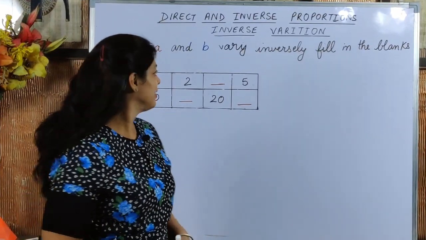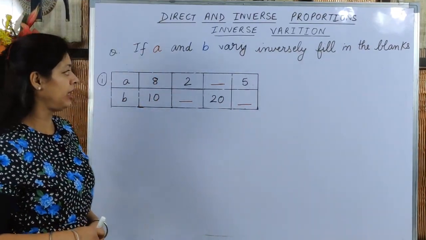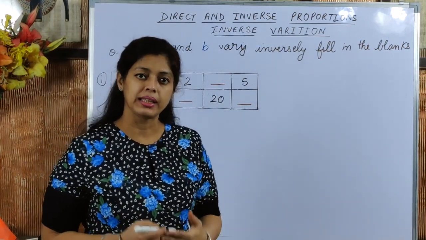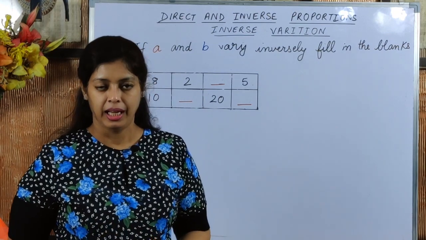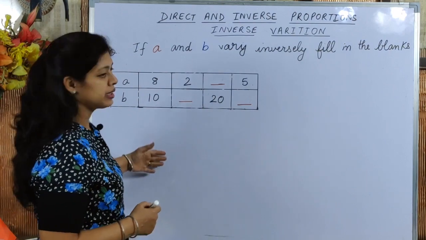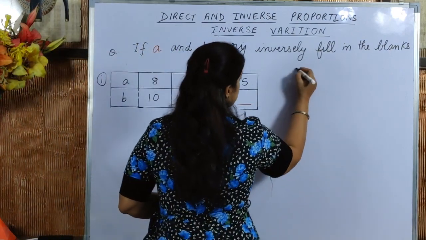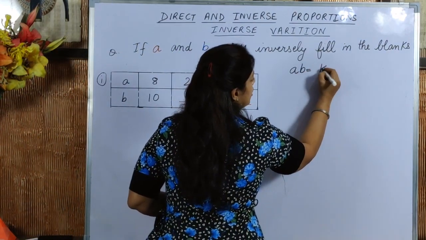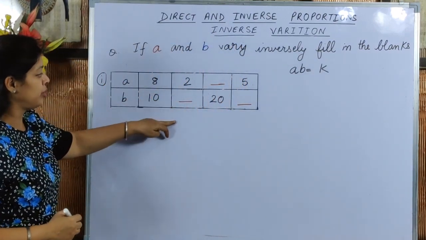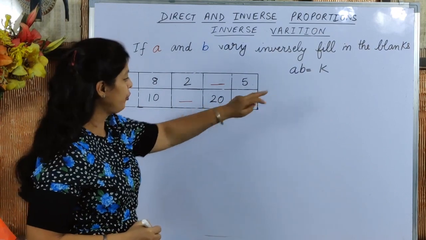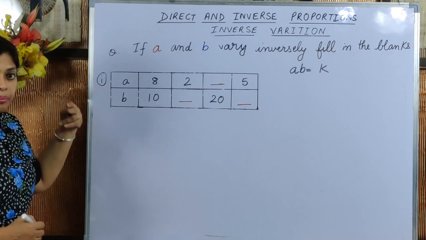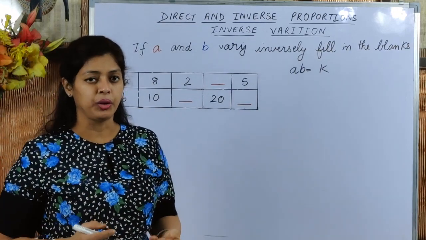Here's another question. If A and B vary inversely, fill in the blanks. Here we are given that the two quantities A and B vary inversely. And we know that when two quantities vary inversely, their product is equal to the constant K. That is, AB is equal to K. So we can find the missing values using this value of K. To find the value of K, we will find a column where both the values of A and B are given to us.